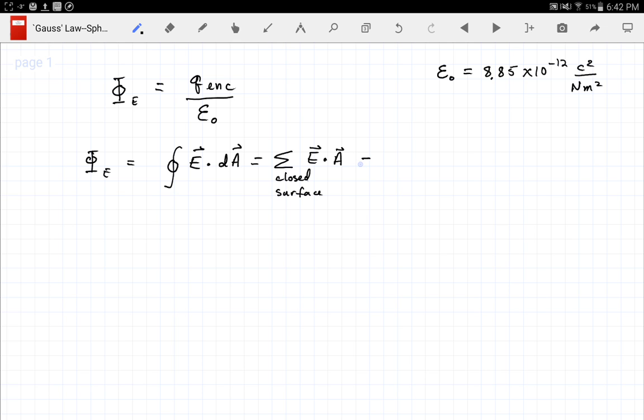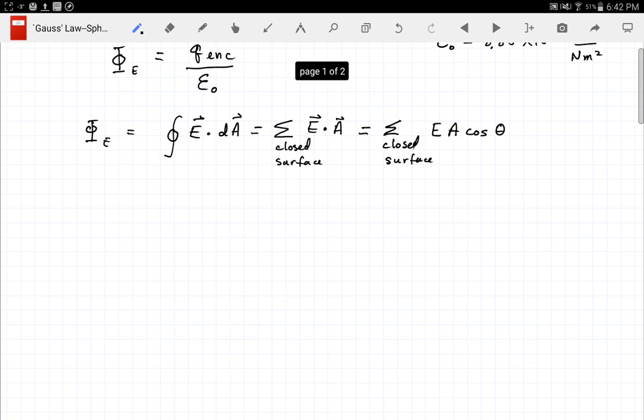So we can go a step further. Since it's the parallel parts, we can replace the dot product with the magnitude of the electric field times the magnitude of the area times cosine of the angle between the area and the electric field. Now, most people, when I say the direction of the area, are at best confused.